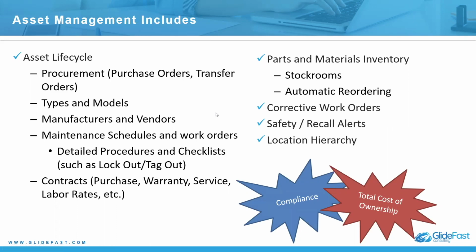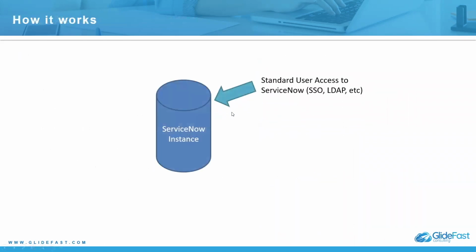Sure. All right. So how does it work? You have your ServiceNow instance, and obviously, you have standard user access to ServiceNow, usually through single sign-on or LDAP, or both, like a combo. Nuvolo comes in, and it's basically a scoped application within ServiceNow. So when you do that download for a client, you're just adding in their update sets, basically.